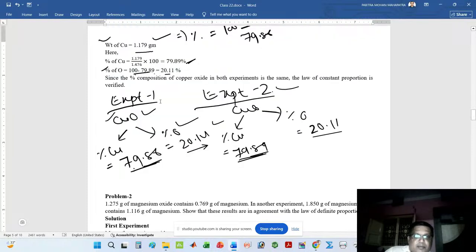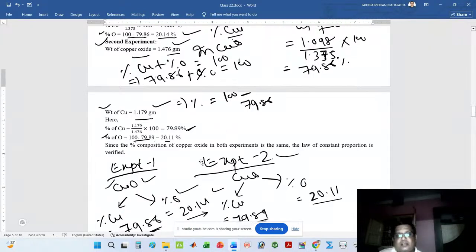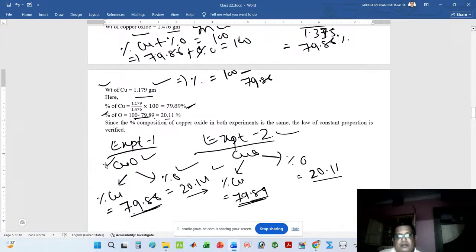Since the percentage composition of copper oxide in both experiments is the same, the law of constant proportion is verified.